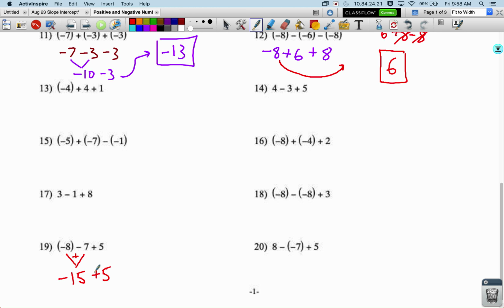Big negative number plus a smaller positive number. What we can do with this is treat that 15 like it's positive, subtract the 5, we get 10, but then we know because the negative number was bigger, our answer has to be negative. So I was $15 in debt. I added $5 to my account, now I'm only $10 in debt. However you want to think about it.